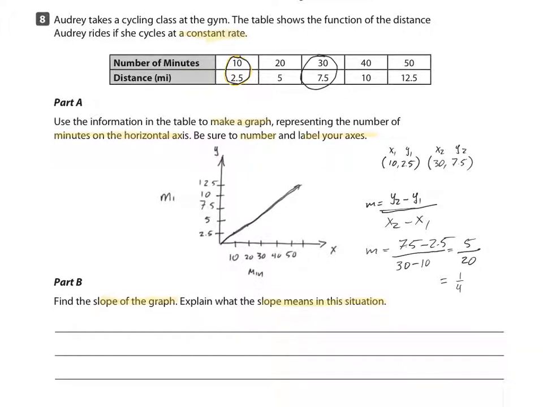So that means that the slope of the graph is 1/4. Now we need to say what it means in this situation.